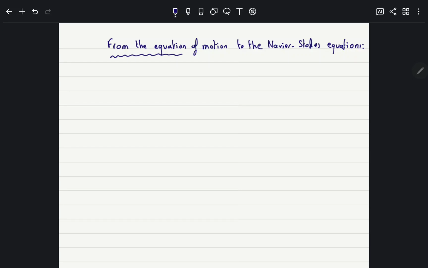And I'm going to divide this derivation in actually three parts. And so right here is the first part of the derivation.